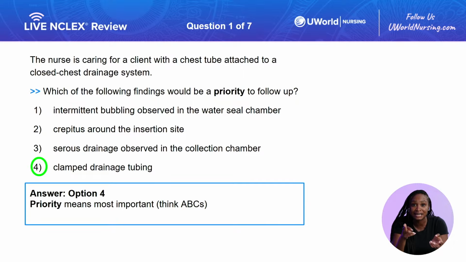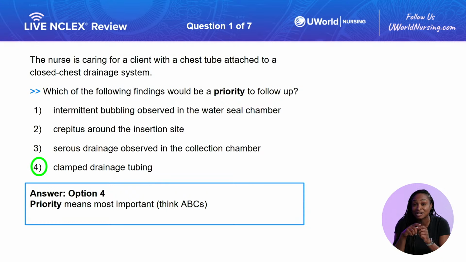So if it is clamped, then we are negating the whole system of the chest tube. It needs to be unclamped to allow the drainage, the air and the fluid, to go from the pleural space out to the negative pressure system. If there is clamped tubing, you can cause tension pneumothorax, which is a severe complication and could be potentially life-threatening.